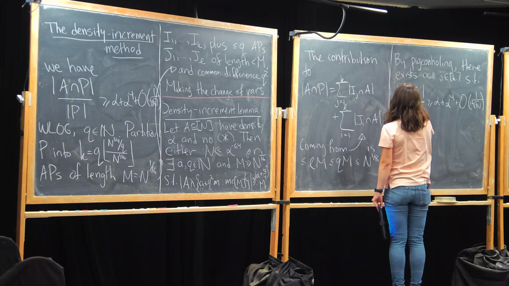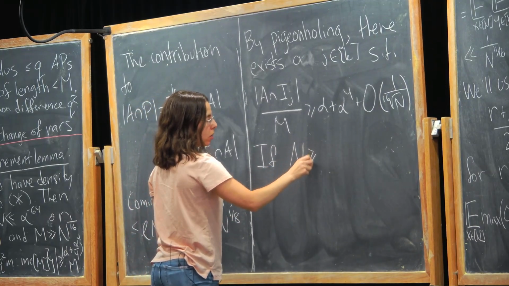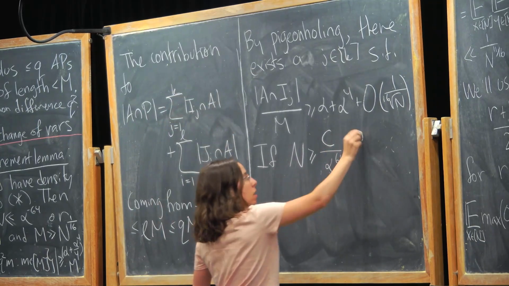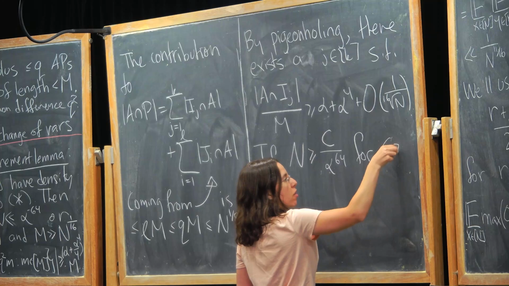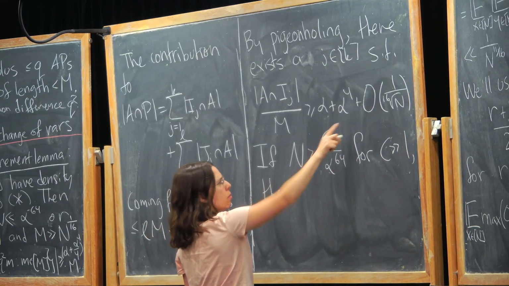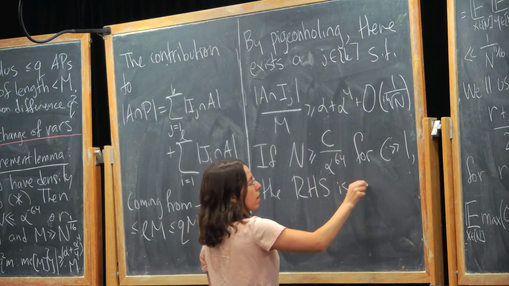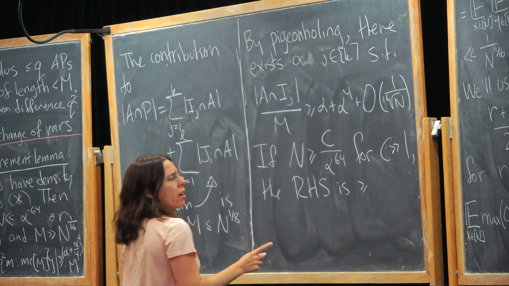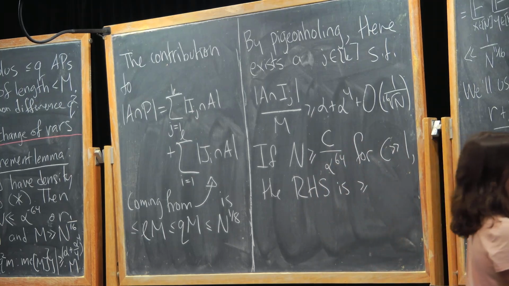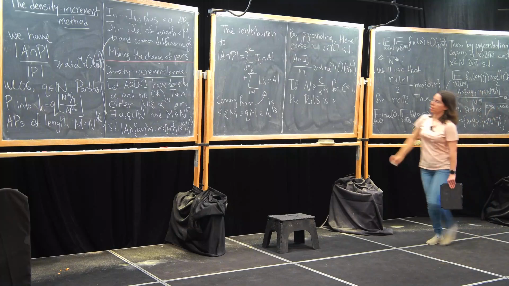Note that if n is sufficiently large, at least as large as c over alpha to the 64, for c some large enough absolute constant, then the right-hand side is going to be at least, oh sorry, there should have been a dividing by 2. That's divided by 2.